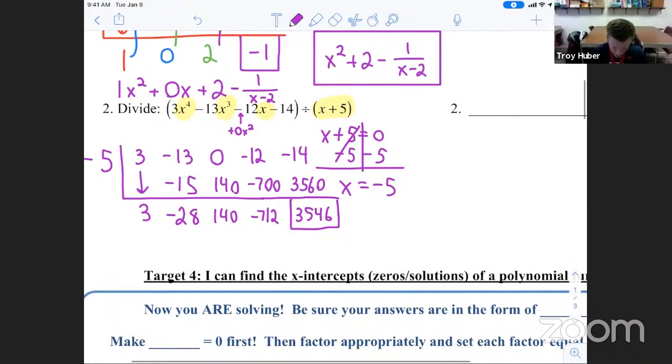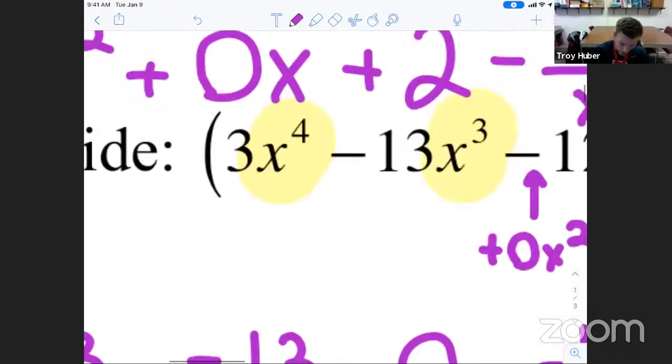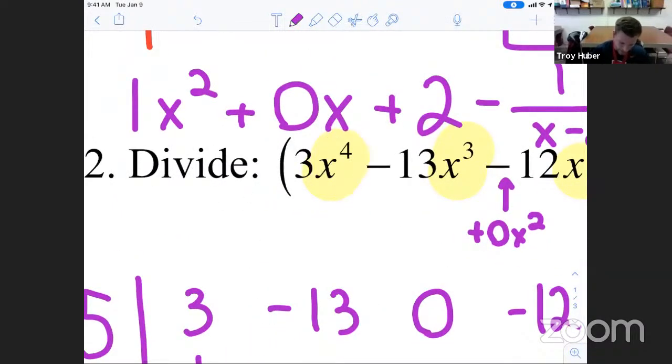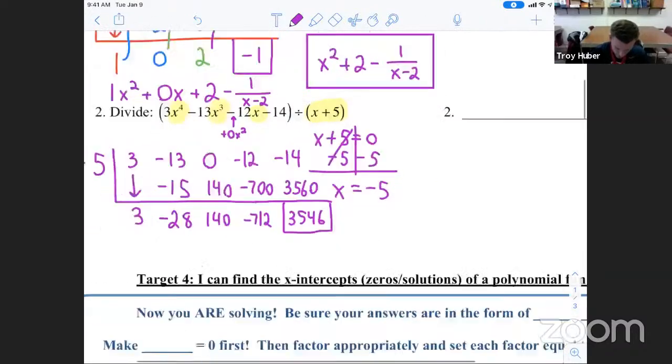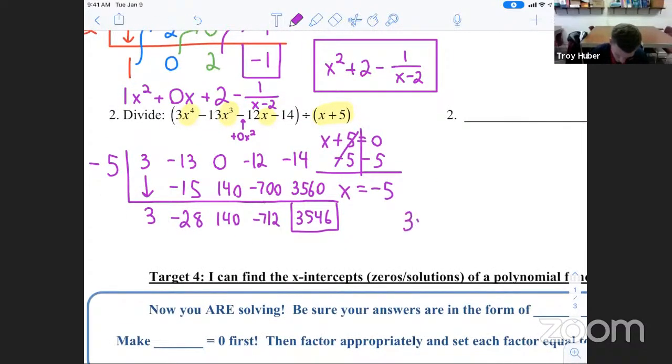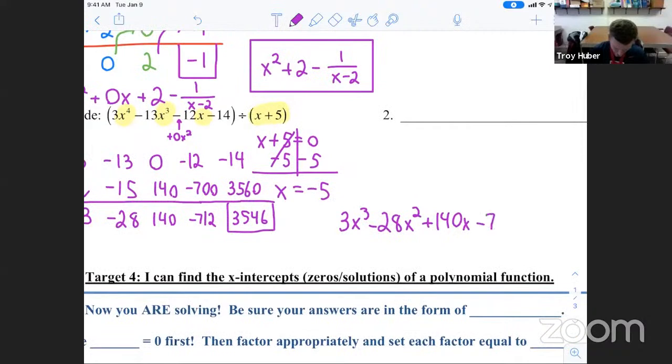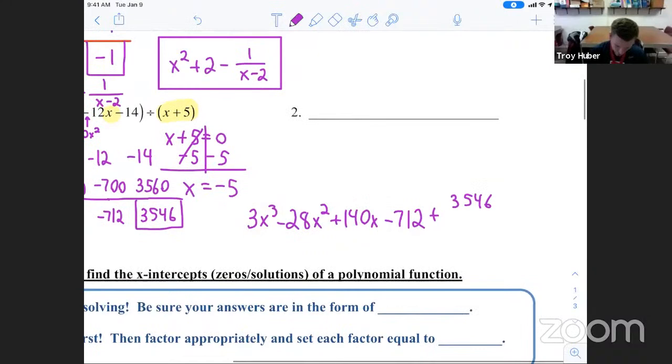And now let's write our final answer. So remember, 1 less degree of x. So instead of x to the 4th, we now only have x to the 3rd. So I have 3x to the 3rd minus 28x squared plus 140x minus 712 plus 3,546 over, don't forget to put your remainder over what we divided by.